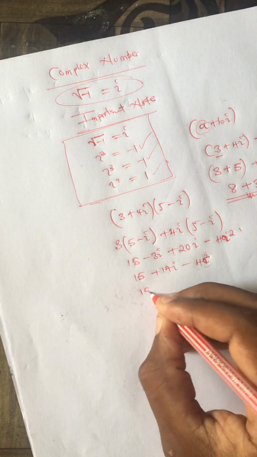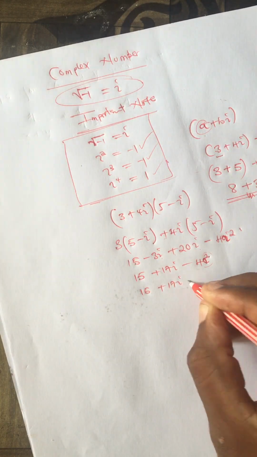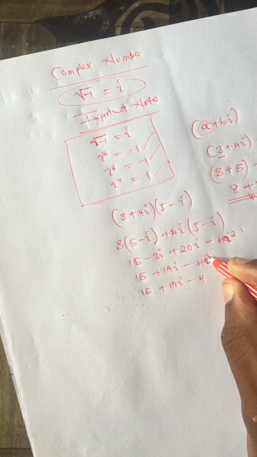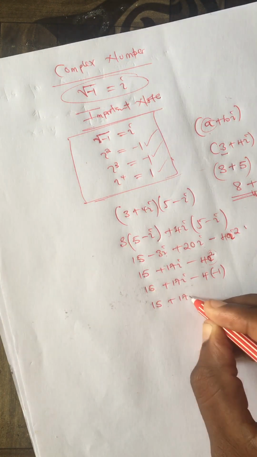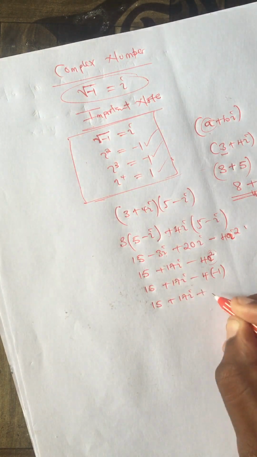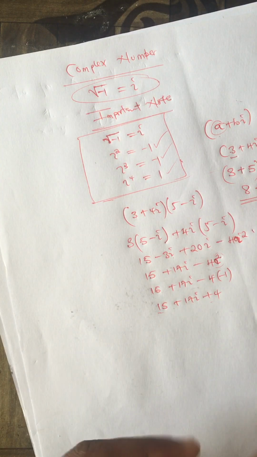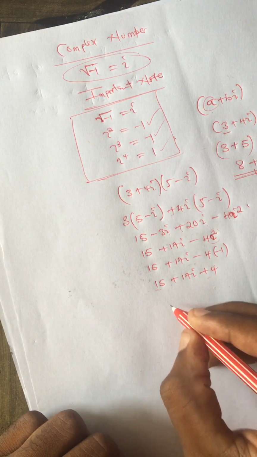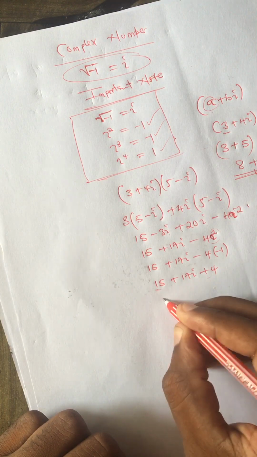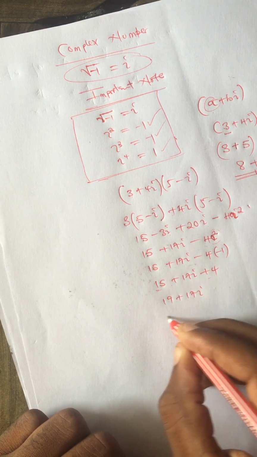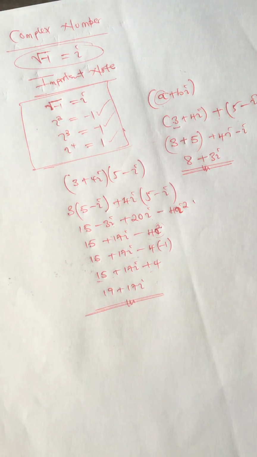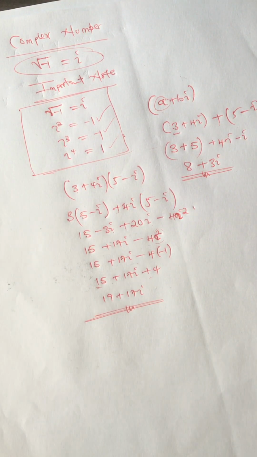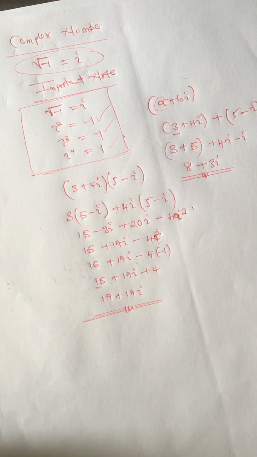So we say 15 plus 17i minus 4 times negative 1, then we say 15 plus 17i plus 4. Then these are real numbers, they can be added together. So this plus that is 19 plus 17i. Okay, so these are the basics. You have to know about this before we can answer the question which was asked.